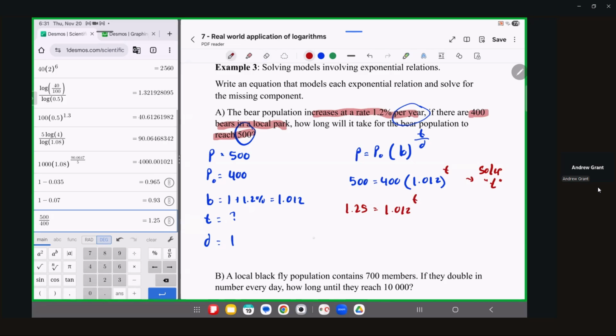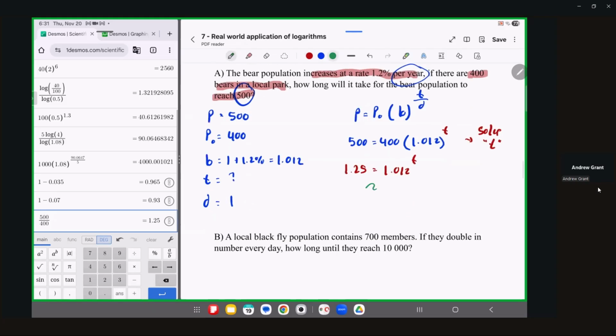And so using the exponential equivalent, t will be equal to log base 1.012 of 1.25, which will be log of 1.25 divided by log of 1.012.